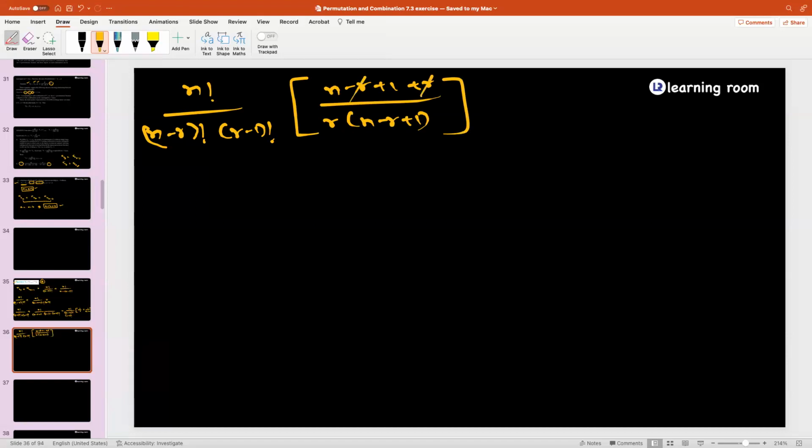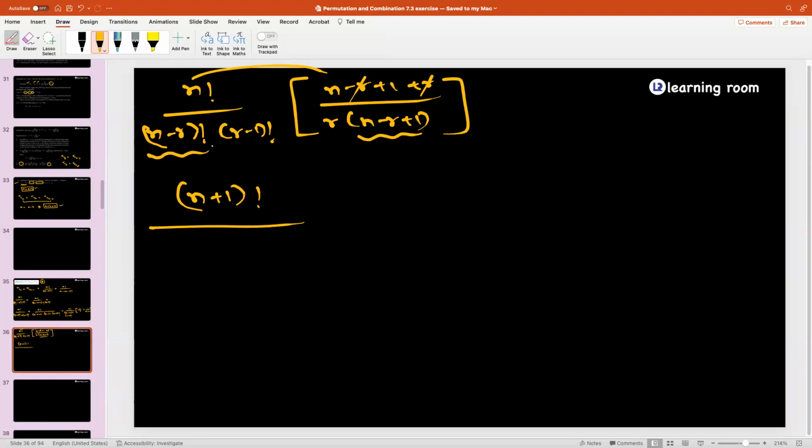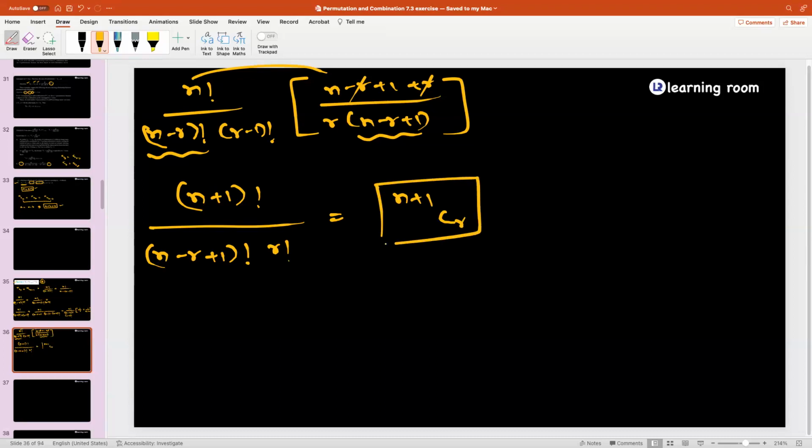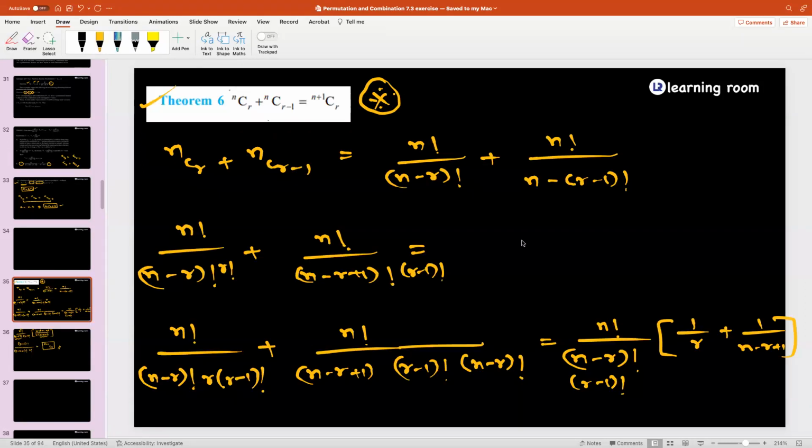So r and r will get cancelled. Now observe, n factorial into (n plus 1) is (n plus 1) factorial, the whole divided by (n minus r plus 1) into (n minus r) factorial, which is (n minus r plus 1) factorial into r factorial. So this will be equal to (n plus 1)Cr, and this is what is given here.